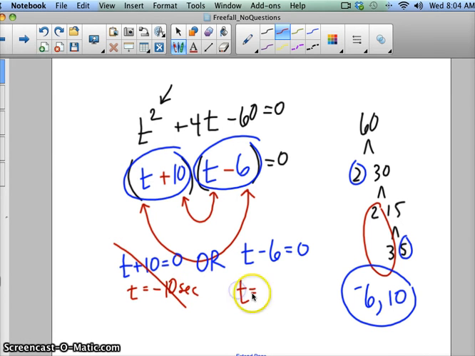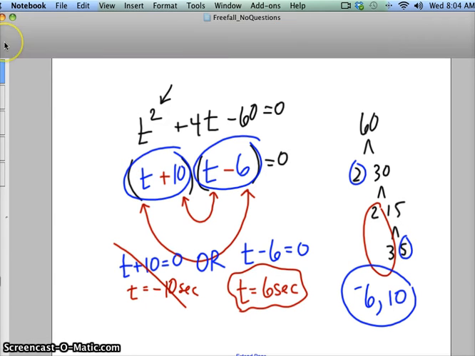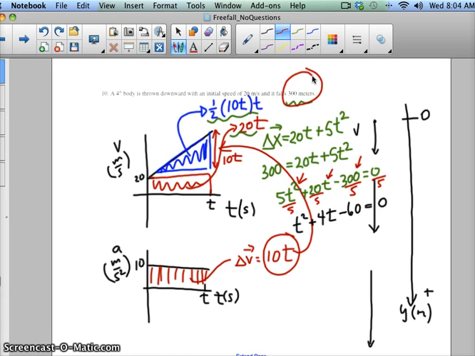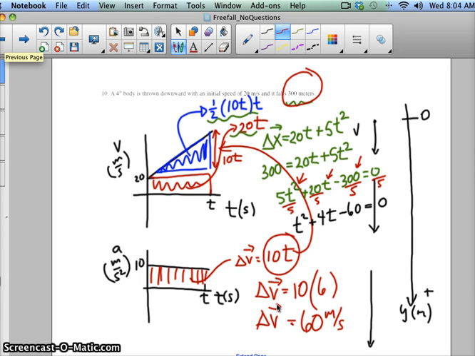So our solution is time is 6 seconds, and that's how long it takes our object to travel 300 meters. And now we can find our change in velocity, which is 10 times 6, which is 60 meters per second, which means our final velocity, if I add 60 to the initial 20, must be 80 meters per second.